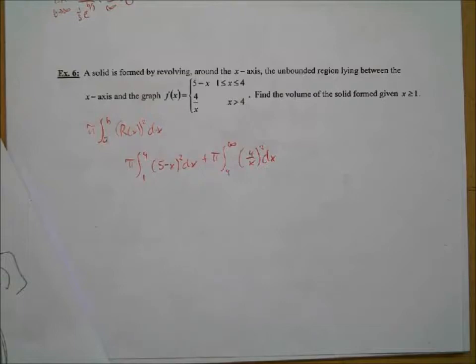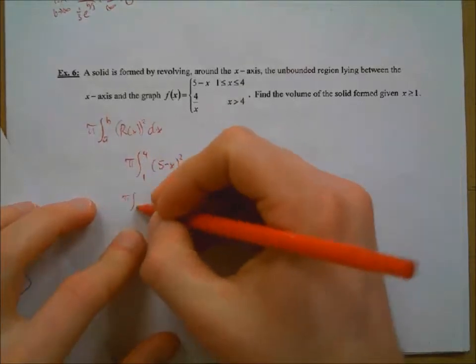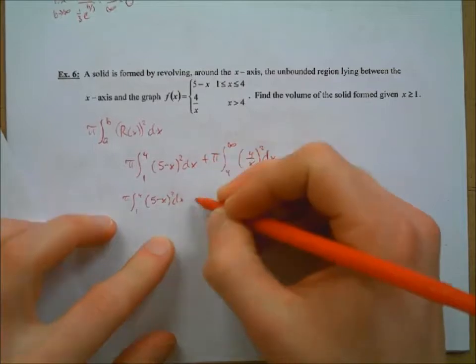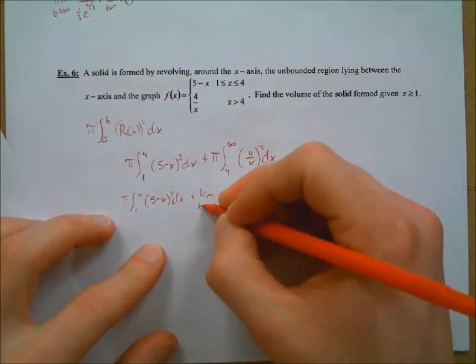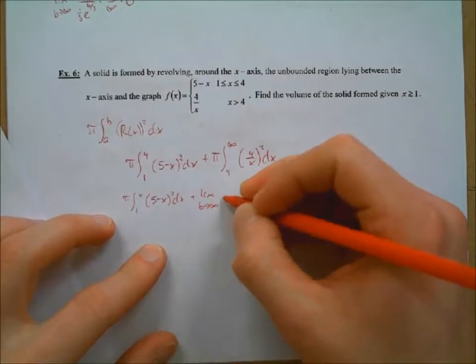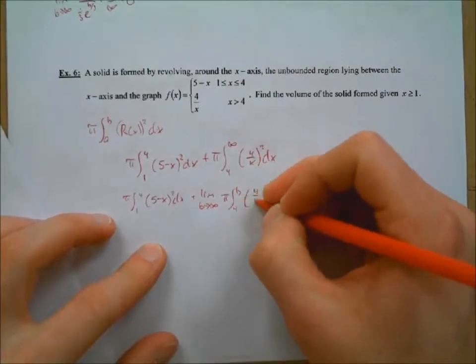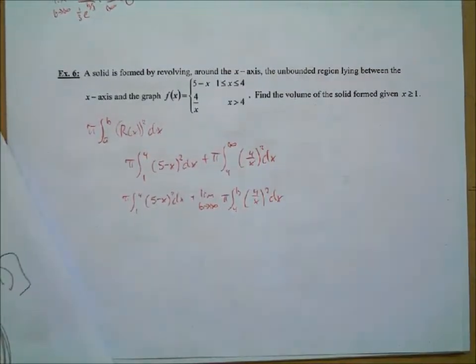But of course, this is not the proper way to set this up, right? So we'll do the limit as b approaches infinity of pi times the integral from 4 to b of 4 over x quantity squared dx. Like so.